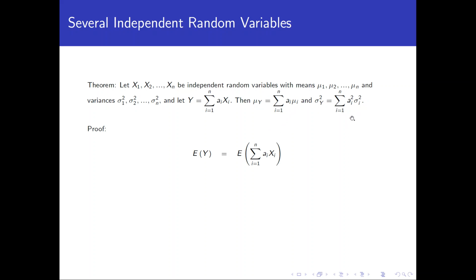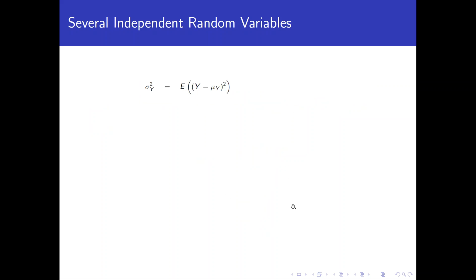Here, we'll just calculate the expected value of Y. That will be your mean for Y. That's just the expected value of the sum of those things. Expected value behaves nicely with respect to sums and constant multiples. Then we can replace the expected value of x sub i with mu sub i. So that gets us our first part.